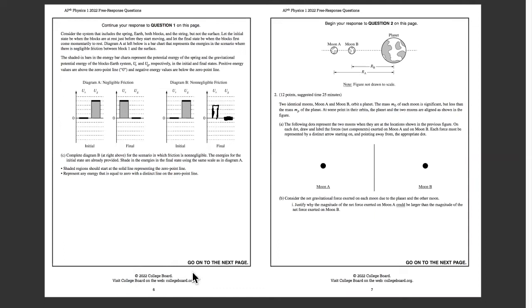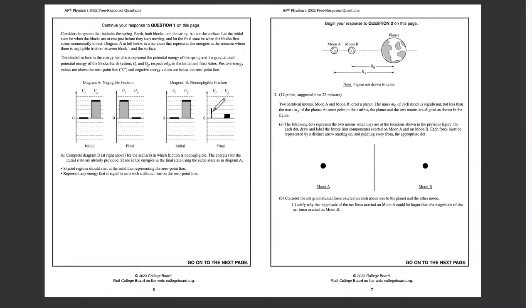Gravitational potential energy would still be present. So let me go ahead and erase this. The reason why is because the blocks would no longer move as far. Friction would dissipate more energy. So I would expect to see some gravitational potential energy remaining, and therefore the spring potential energy would not be as high as it should have been.